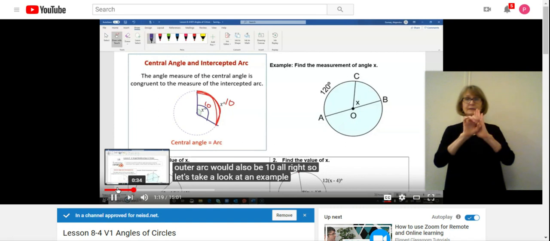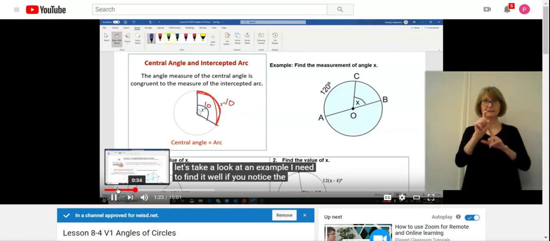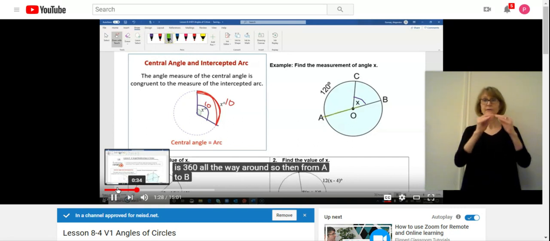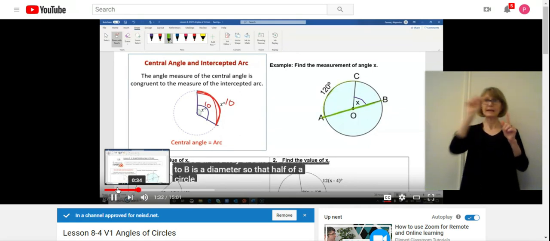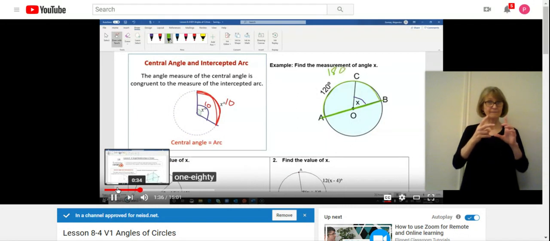All right, so let's take a look at an example. Find the measure of the angle x. I need to find this. Well, if you notice, the circle is 360 all the way around. From A to B is a diameter, so half of a circle should be 180.